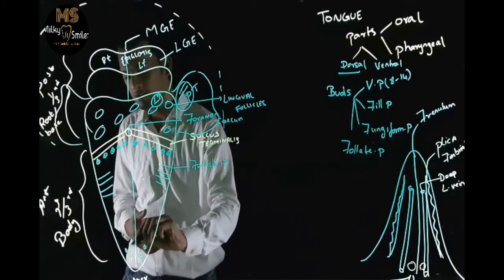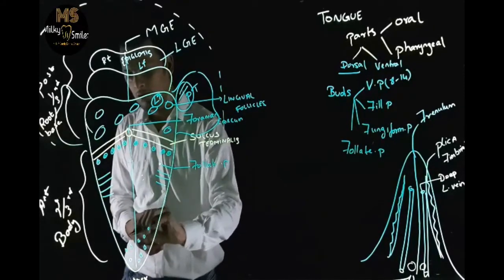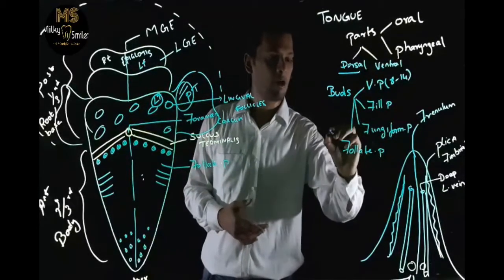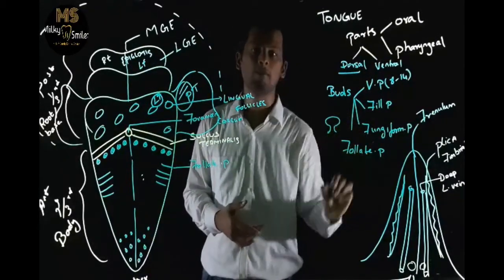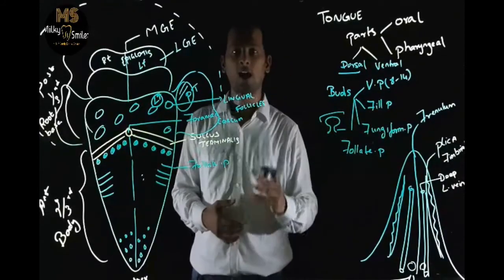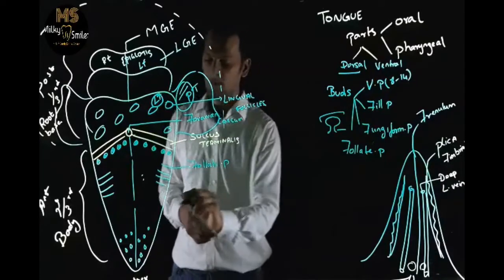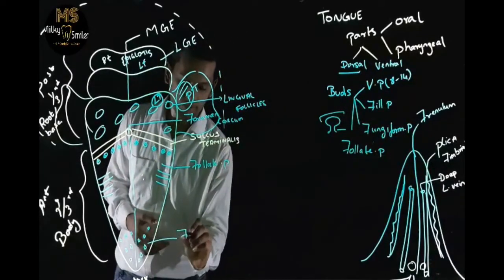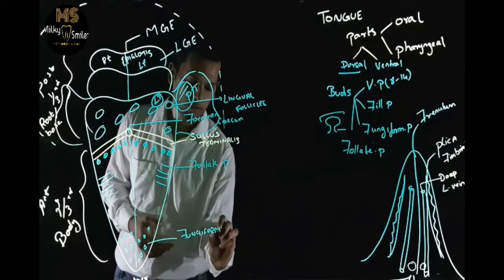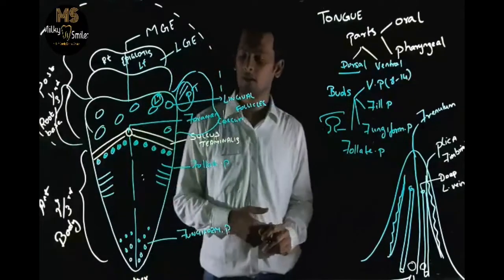As the name suggests, it appears in a mushroom-like shape. So it has a narrow peduncle and a broader apex region. So these are your fungiform papillae.